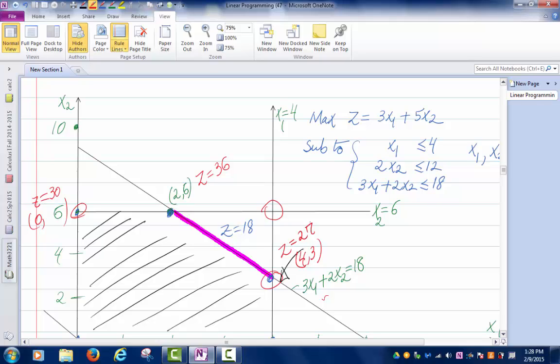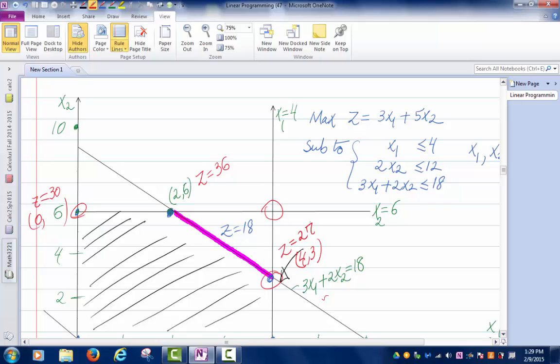And simplex goes from one vertex to an adjacent vertex. It starts with a vertex, then checks whether I can get a better value of z if I move along one of the edges coming out of that current vertex. If I can, I move to the next better adjacent vertex, and then I redo the same process. So it is an iterative process. Come to a vertex, check if it is optimal. If it is not, move to a better adjacent vertex.